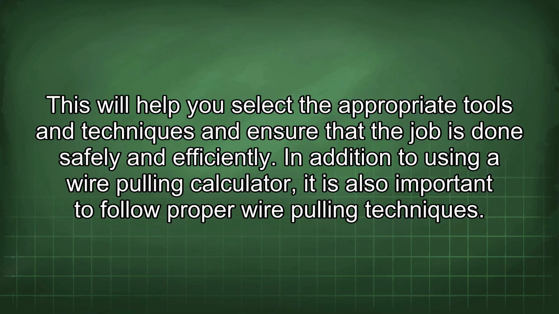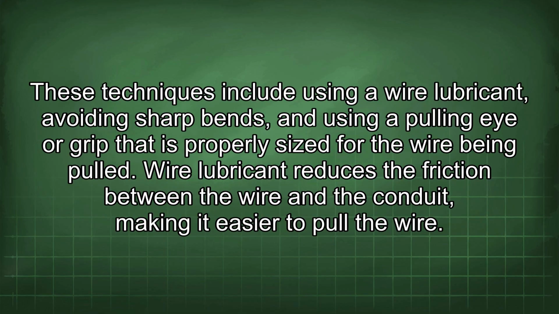In addition to using a wire pulling calculator, it is also important to follow proper wire pulling techniques. These techniques include using a wire lubricant, avoiding sharp bends, and using a pulling eye or grip that is properly sized for the wire being pulled. Wire lubricant reduces the friction between the wire and the conduit, making it easier to pull the wire.